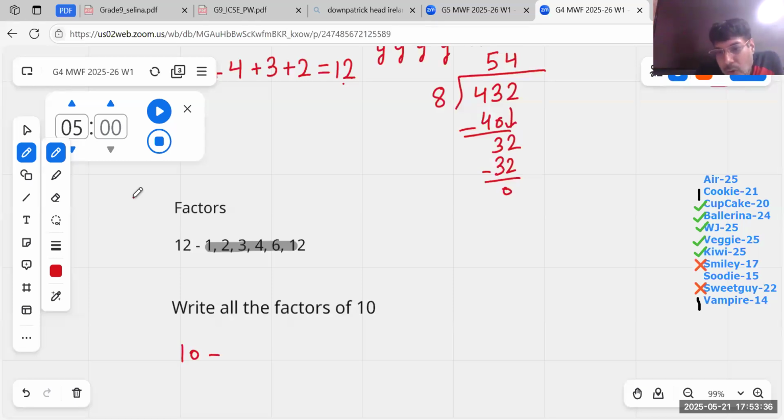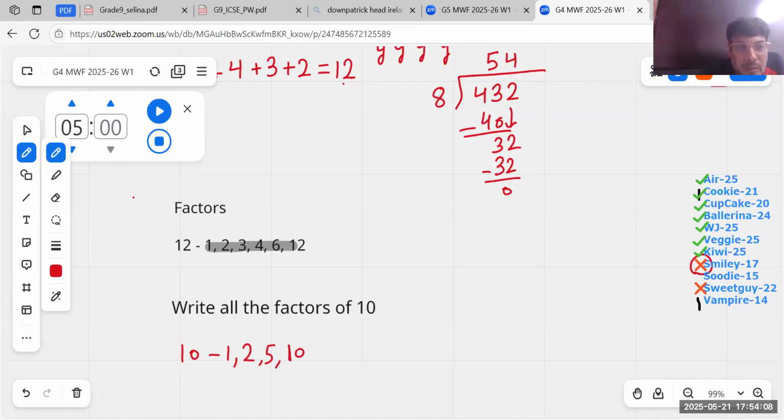So I will ask from Smiley. So beta, tell me the factors of 10, Smiley. Sir, I don't know. बेटा किन नंबर्स के टेबल में 10 आता है? Sir, 1, 2, बेटा धीरे धीरे. 1, then 2, then 5, then 10.